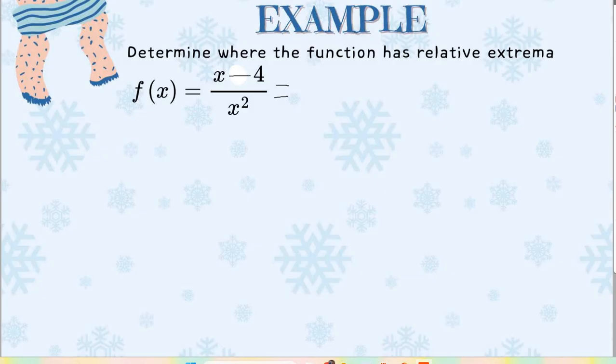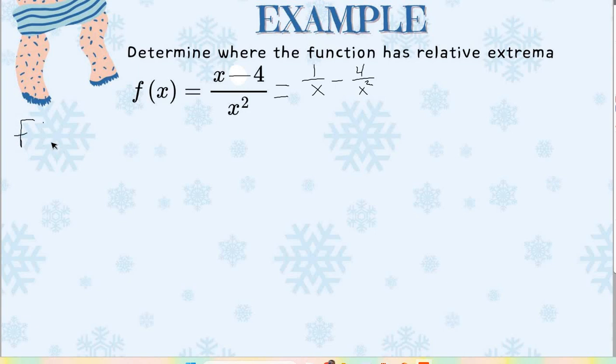So if I only have one thing in the bottom, can I separate this into 2 fractions? Yes. So x divided by x squared would become 1 over x minus 4 over x squared. And then for those, I can just use our power rule, yes?